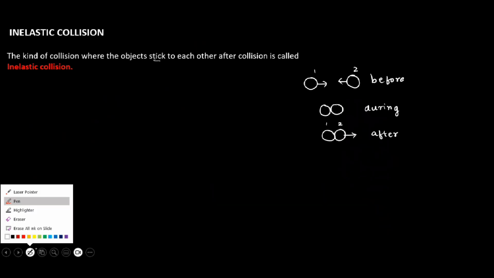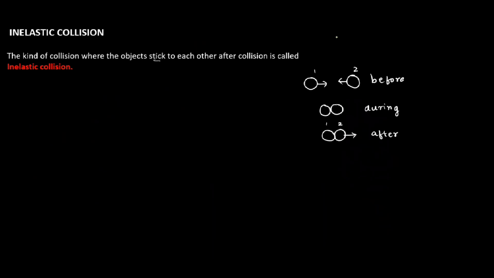An example of inelastic collision could be if you take a clay and you throw that clay to a wall, you know the clay will stick to the wall. Whereas elastic collision can be taken with the example of a ball. If I throw a ball at the wall, it will bounce back.